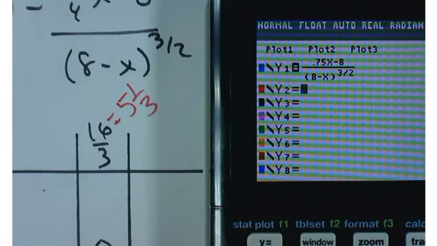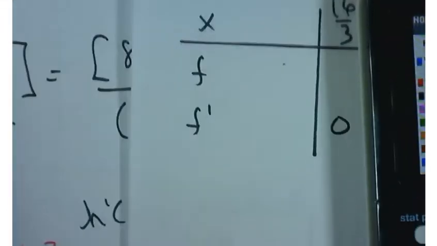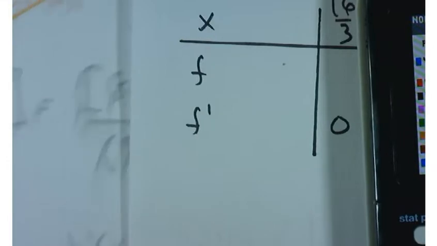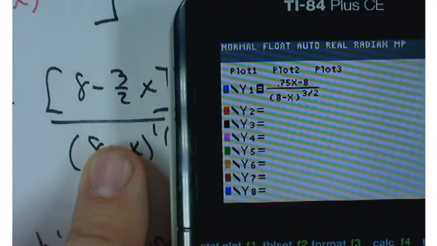That's our derivative. Oh, you know what? That is the second derivative. All right. Let's also put in the first derivative while we're at it. First derivative was back up here. So put that one as well.